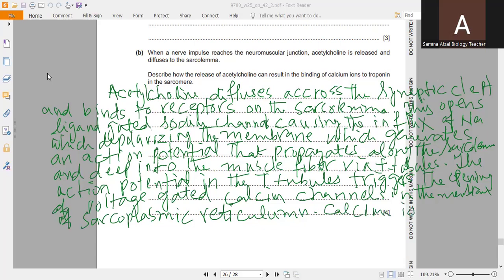Calcium ions diffuse out of the sarcoplasmic reticulum into the sarcoplasm.